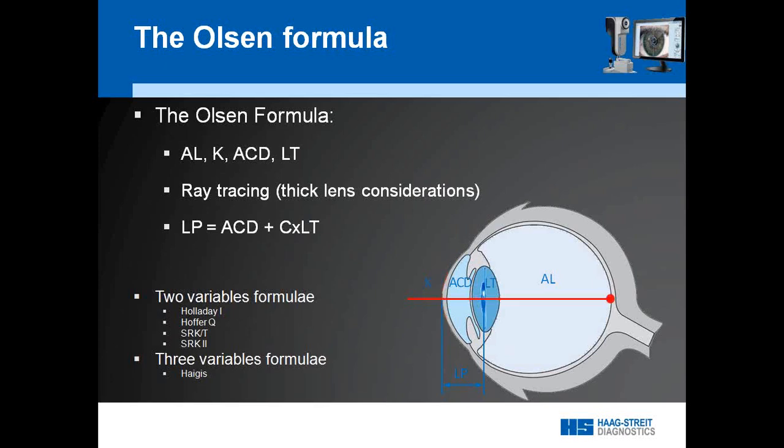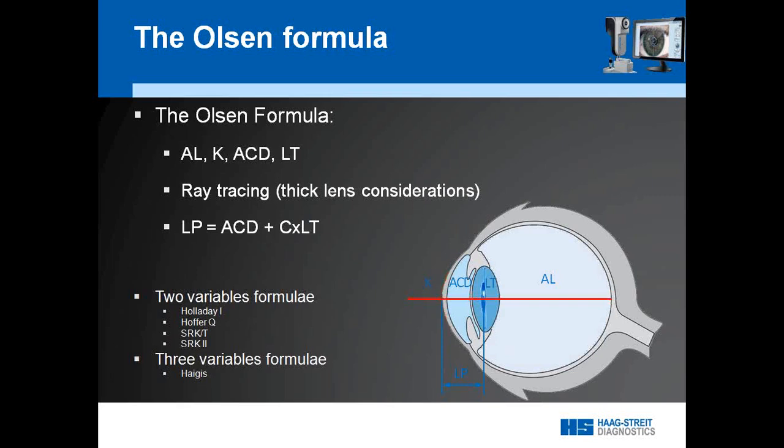And this lens position is actually the summation of a measured anterior chamber depth, so from the corneal apex to the anterior capsular bag, plus C times the thickness of the crystalline lens. And this C is his C constant.